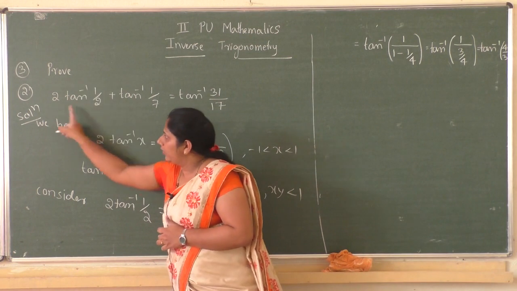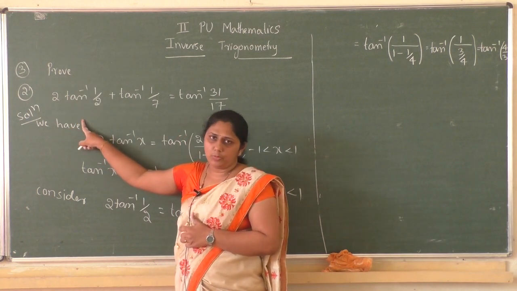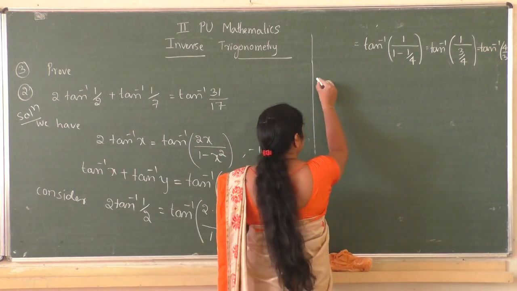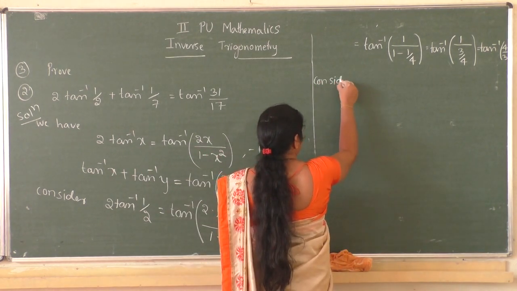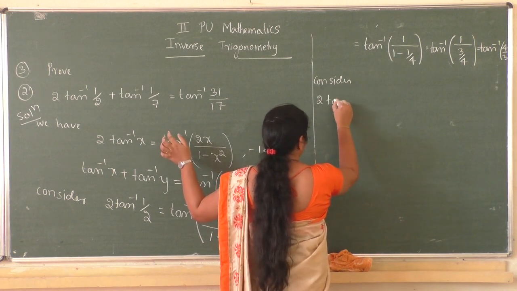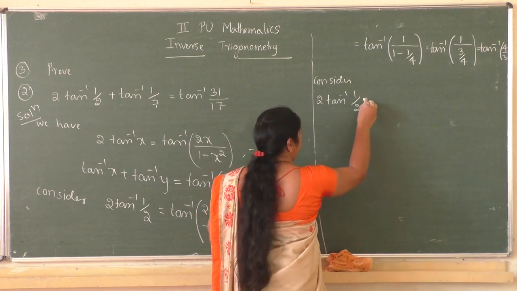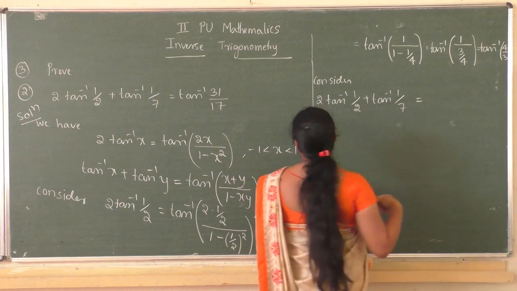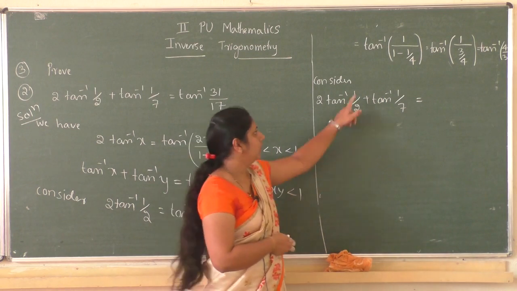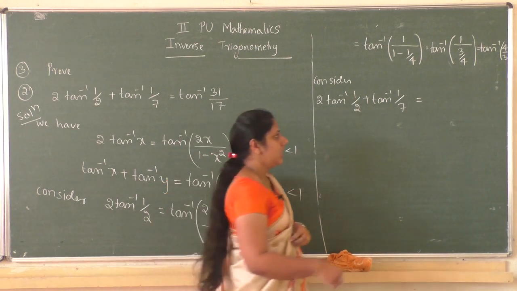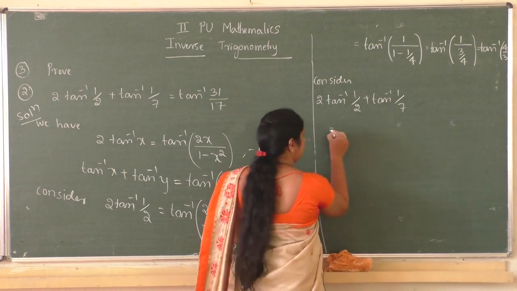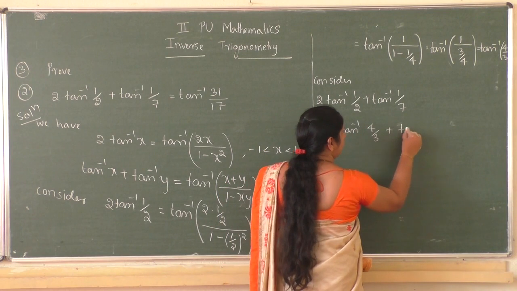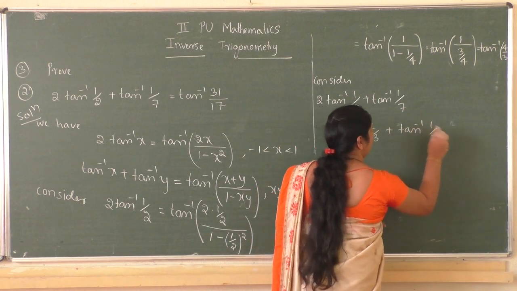Now in the place of this term we can write tan inverse of 4 by 3, and then apply the other formula. Now consider the given term, 2 tan inverse half plus tan inverse of 1 by 7. Already we found the value of 2 tan inverse half, it is tan inverse 4 by 3 plus tan inverse 1 by 7.